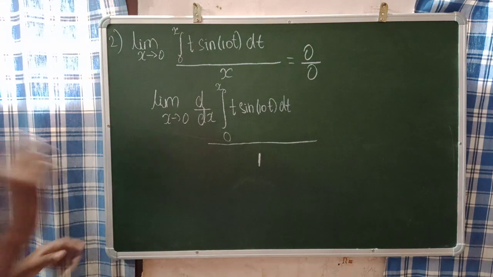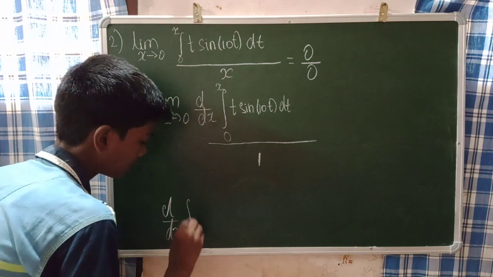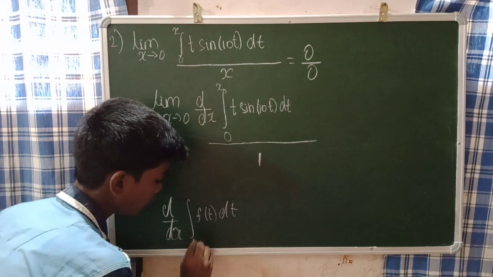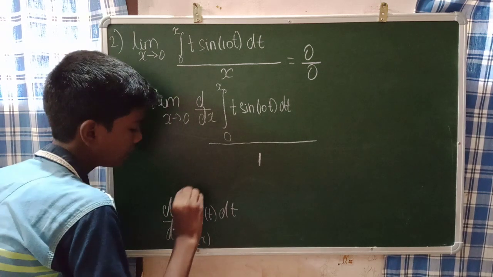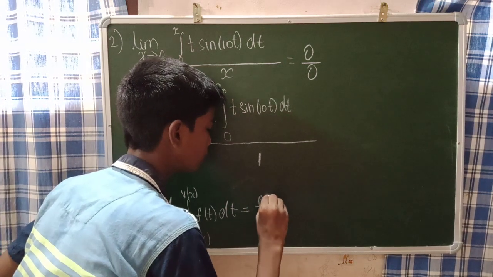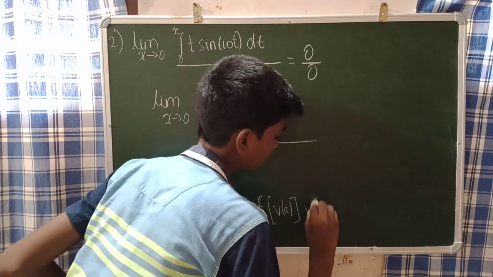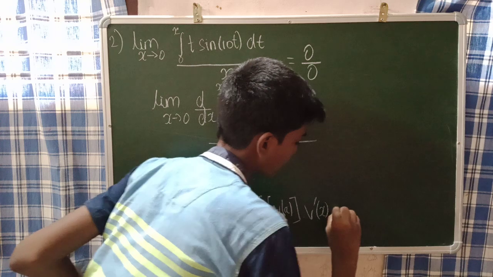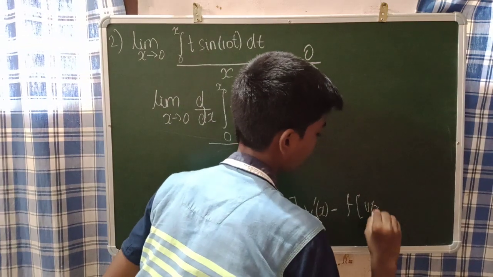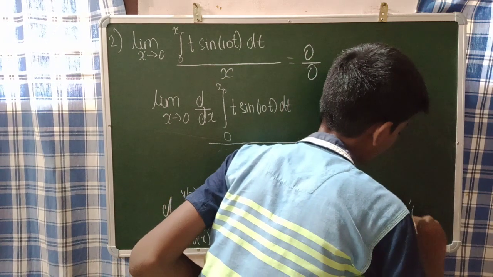What the Newton-Leibniz formula states is d by dx of the integral of f of t dt from u of x to v of x can be written as f of v of x into derivative of v of x, minus f of u of x into derivative of u of x.